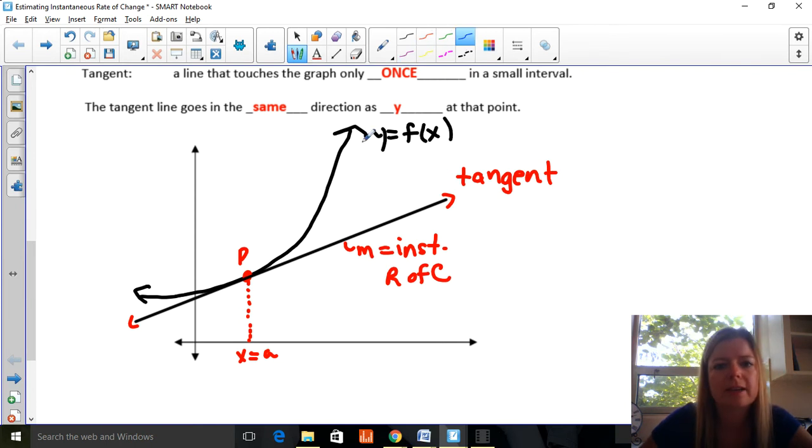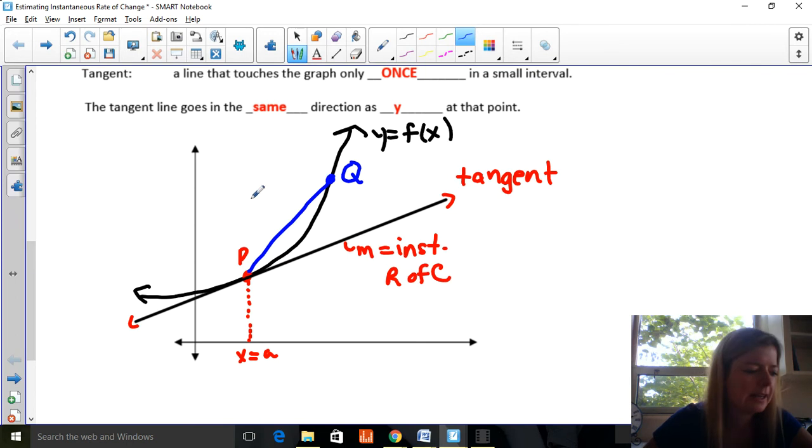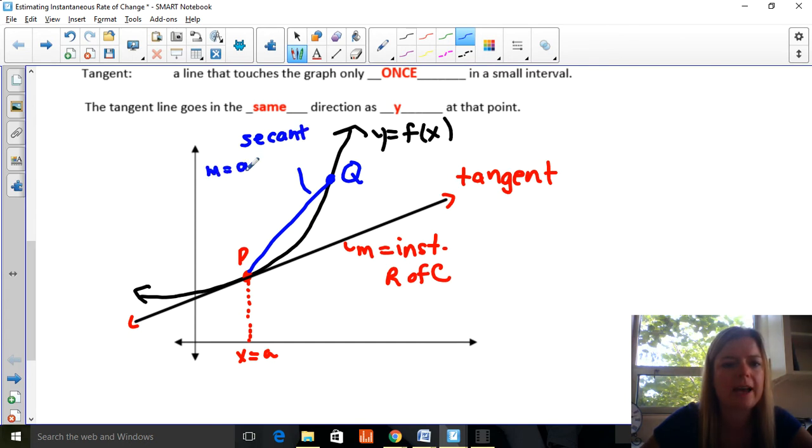Now, if we were to put a second point up here, Q, okay, and if you take a ruler, please, don't be like me, take a ruler and connect P and Q. That is called a secant. Okay, so its slope is equal to the average rate of change between P and Q. Okay, so the tangent is the instantaneous rate of change, the slope represents that, and a secant, its slope represents the average rate of change.